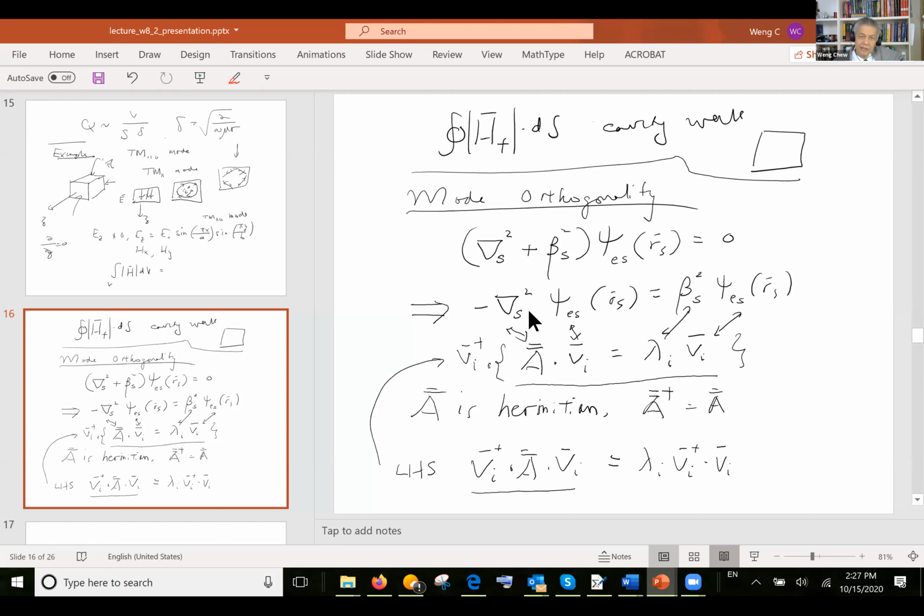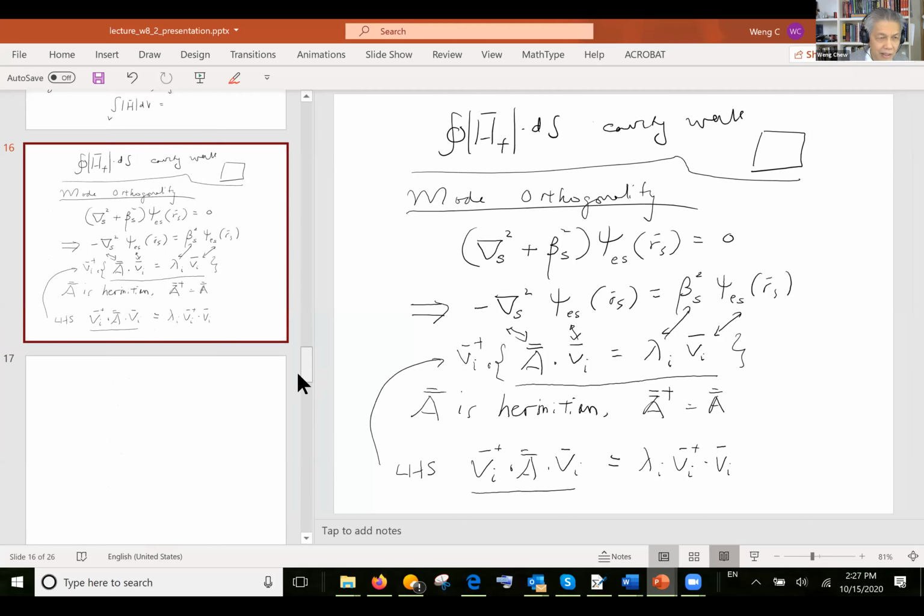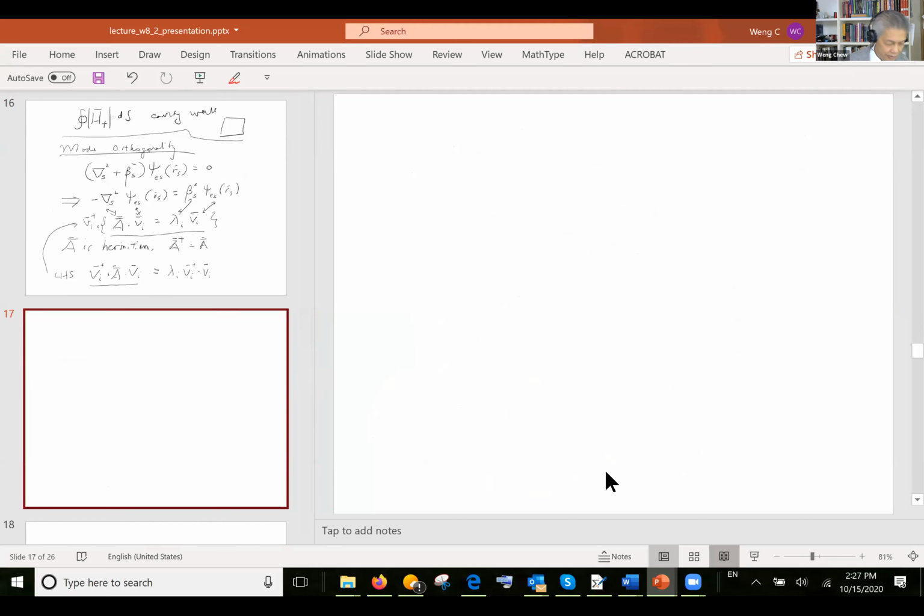It turns out that you can prove that this operator is Hermitian, very similar to how this matrix A is Hermitian. And then you can show that all the eigenvalues that you have in the waveguide modes are always real. That I will not prove to you, but it's something that I'd like you to know.